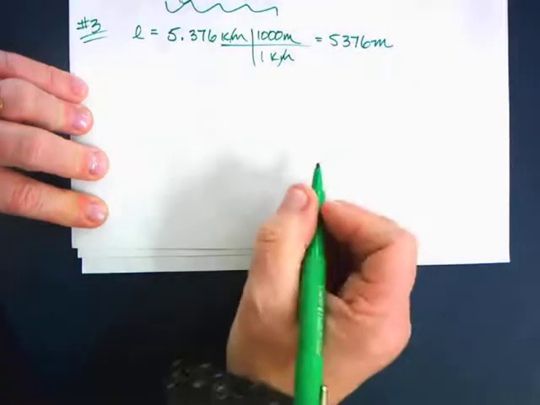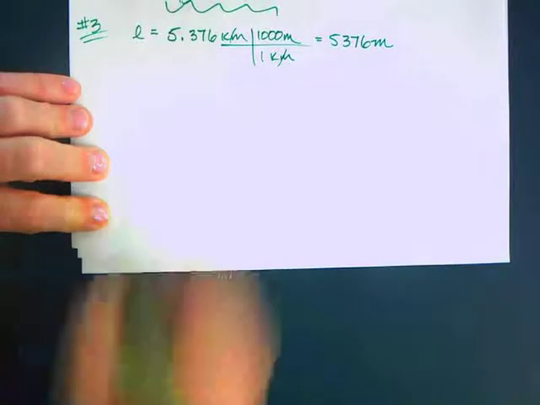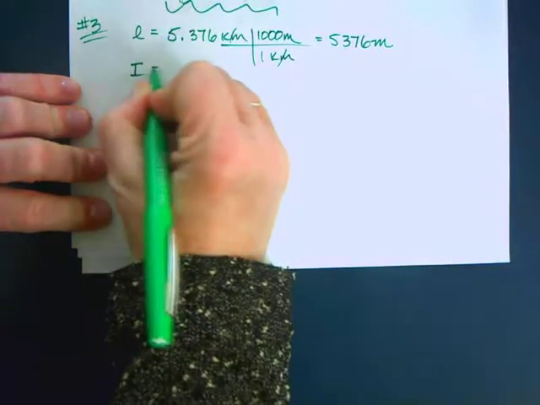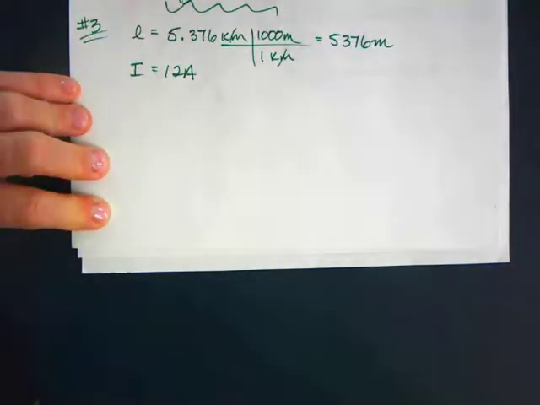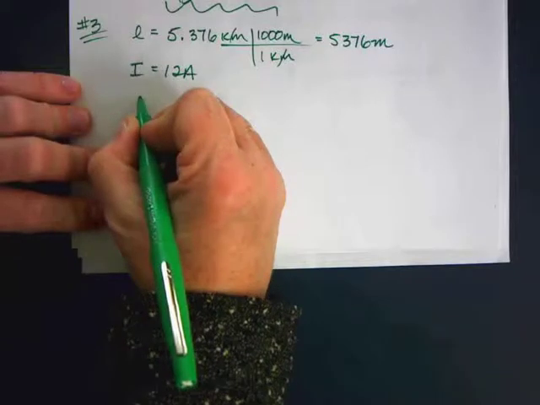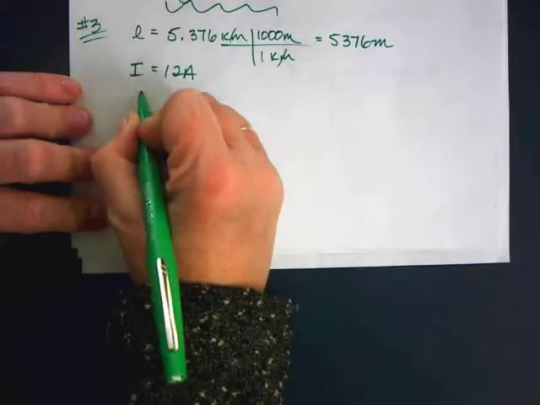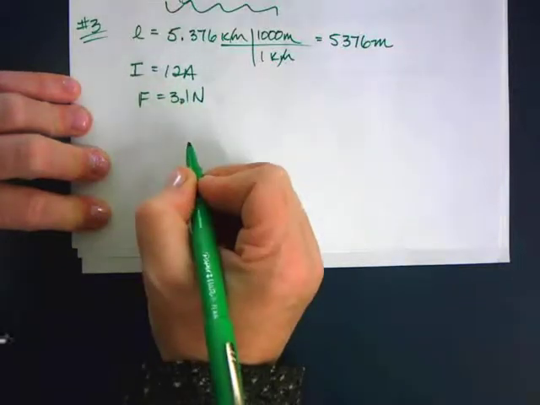So 5,376 meters is the length of wire over the fjord. And it has a current of 12 amps. And the force due to the Earth's magnetic field that wire feels is 3.1 newtons.